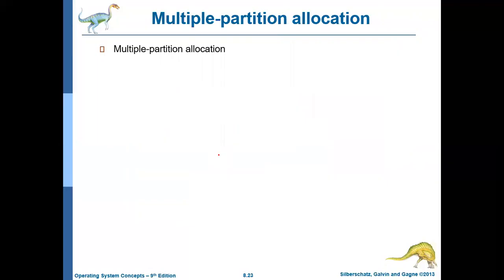Fine. So next we will be discussing an important concept called multiple partition allocation. So far what we have understood is that the operating system will always occupy the lower part of the memory, or the lower addresses of memory. The rest of the part will be left for the processes.